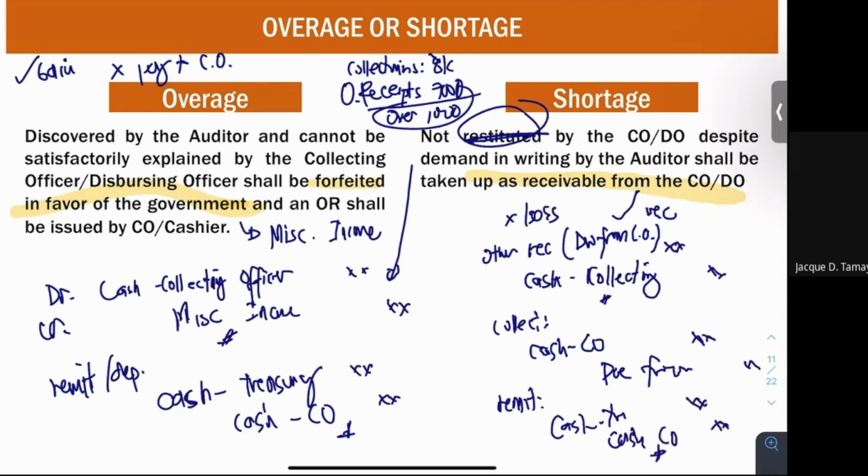Okay, that's how we account for shortage. Again, for overage, you account for it as a gain, no payable to collecting officer. In shortage, you account for it as a receivable, no recording of loss.